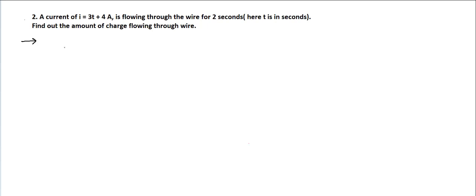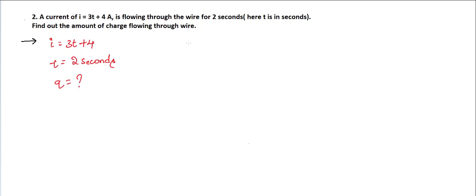So what I told, you have to note down what are the things they have given. I is equal to 3t plus 4, and t is equal to 2 seconds. So they have asked you to find the amount of charge.